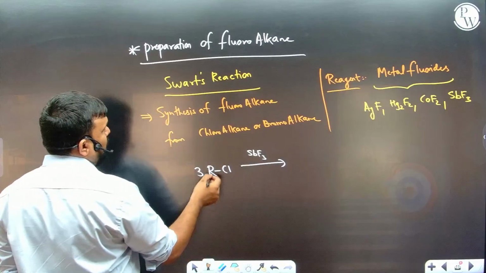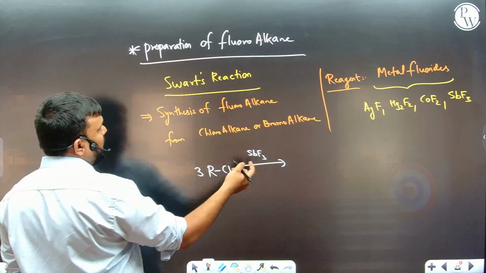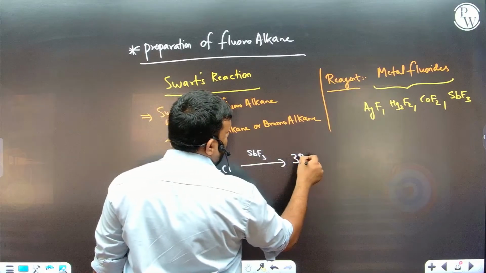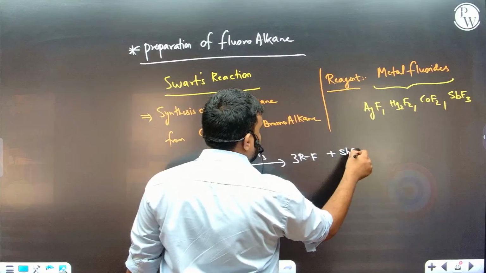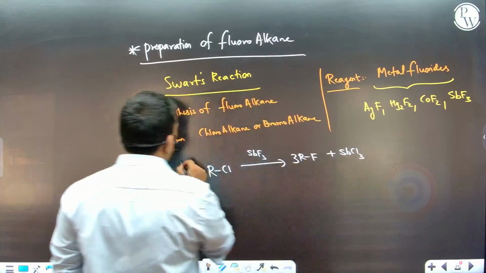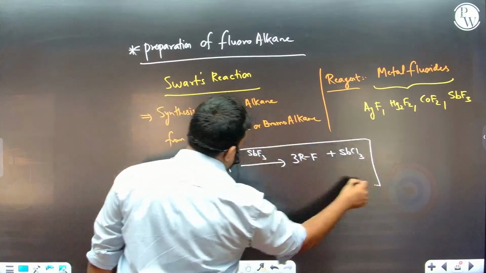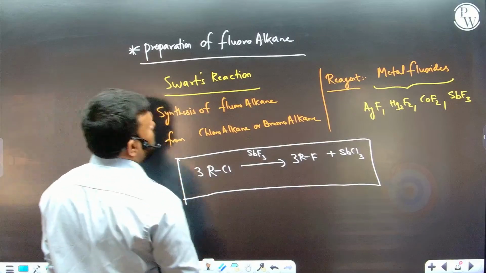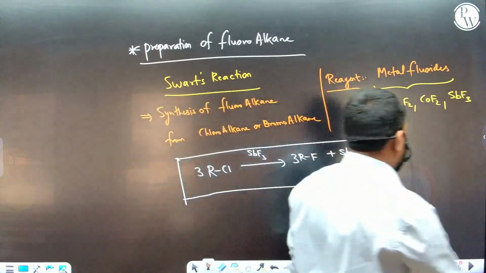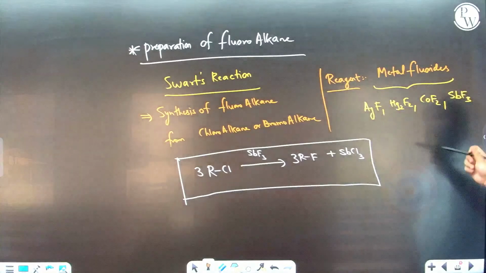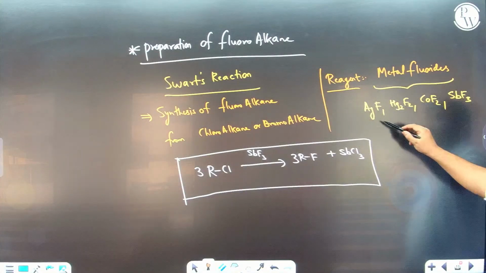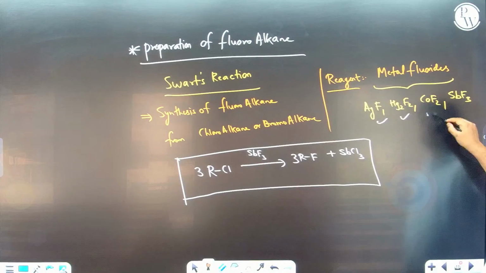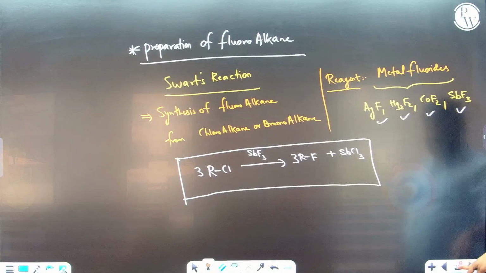You can have 3 chloroalkanes converted to 3 fluoroalkanes and the byproduct will be SbCl3. Okay, so this is the reaction and this reaction is called the Swarts reaction. In this we use metal fluorides which can be either AgF, Hg2F2, CoF2 or SbF3.